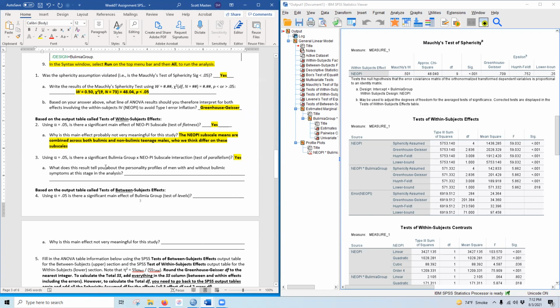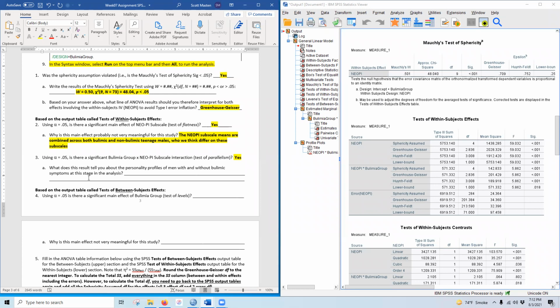So what does this result tell you about the personality profiles of men with and without bulimic symptoms at this stage of the analysis? So if you remember what an interaction told you with just a regular two-way ANOVA, it told you that the effects of one IV were different at the levels of the other, right? It's actually the same here. The NEO-PI subscales, that's one of the IVs, differed across the levels of the other IV, that is bulimia group.